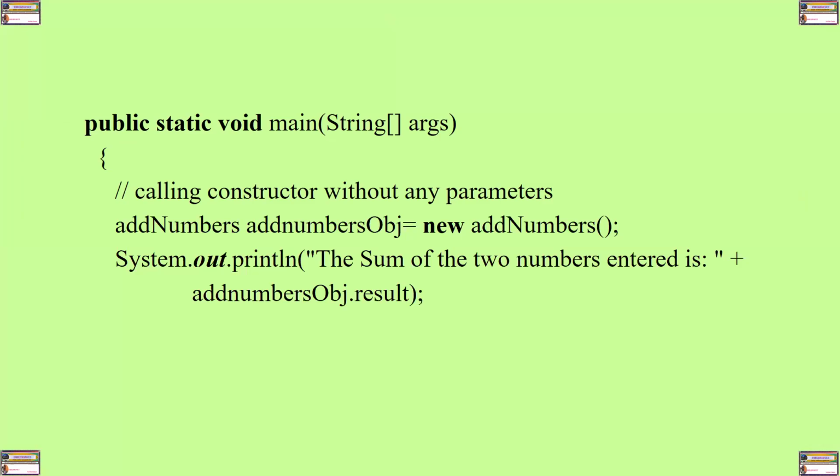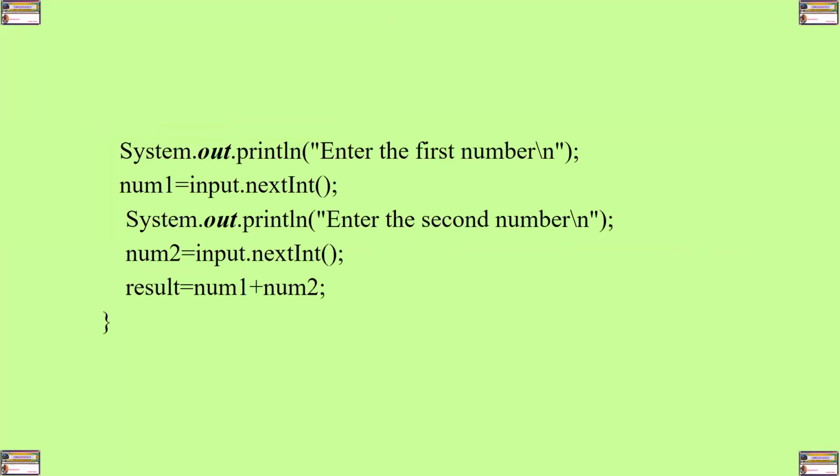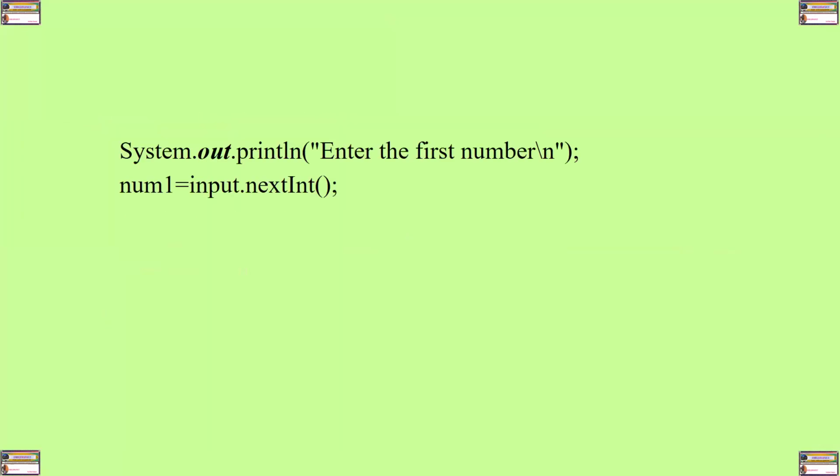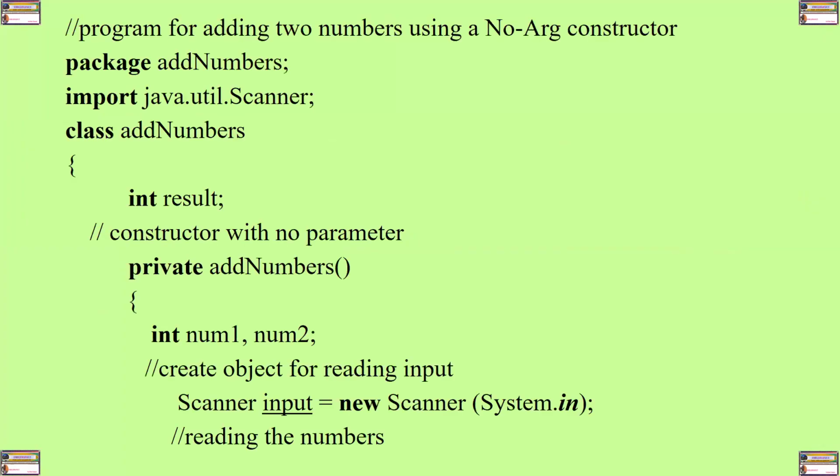And therefore, the statement which is displayed on the screen is the sum of the two numbers entered is addNumbers.result, where result is a data member which we have already seen is a member of the constructor called addNumbers.